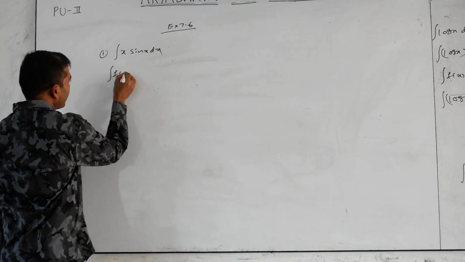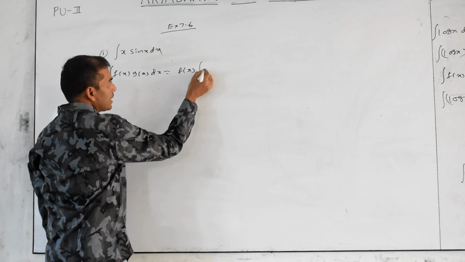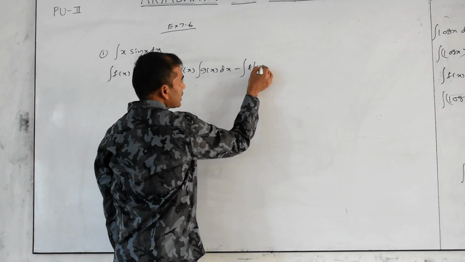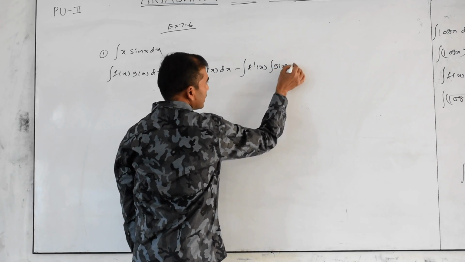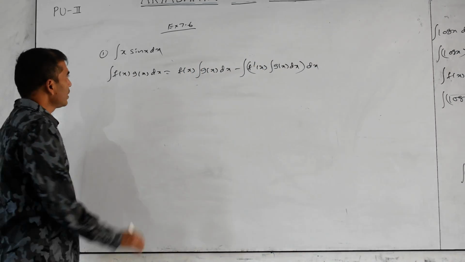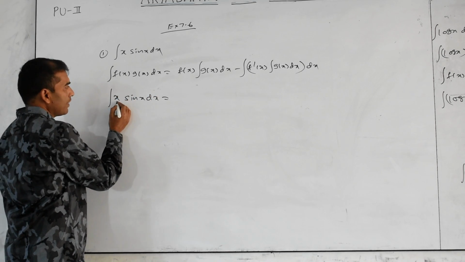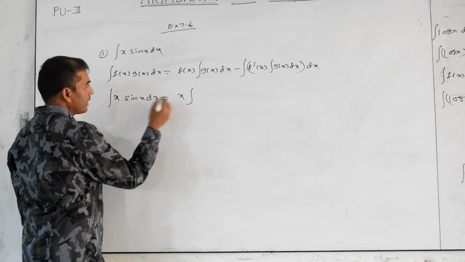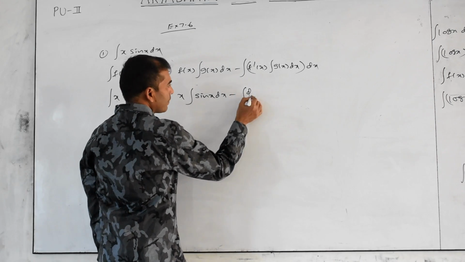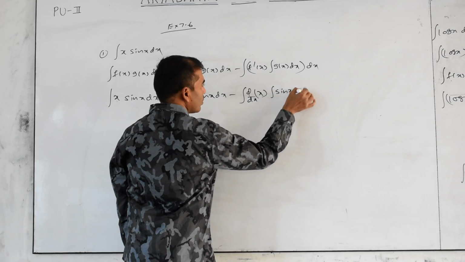Formula: integration of f of x into g of x dx equals f of x integration of g of x dx minus f dash x integration of g of x dx whole dx. Okay. Now integration of x into sin x dx equals f of x, integration of sin x dx, minus d by dx of x, integration of sin x dx whole dx.